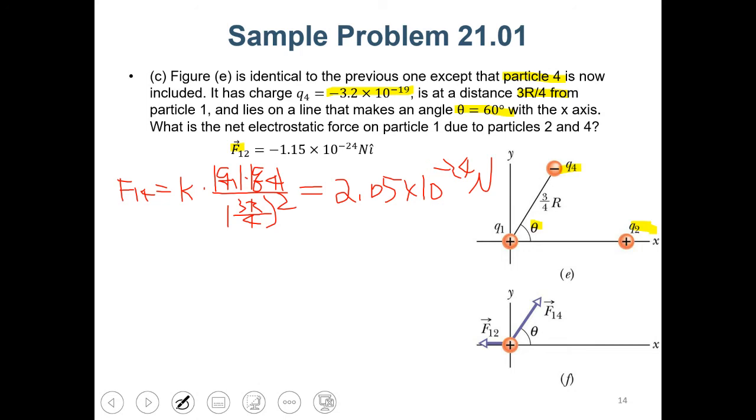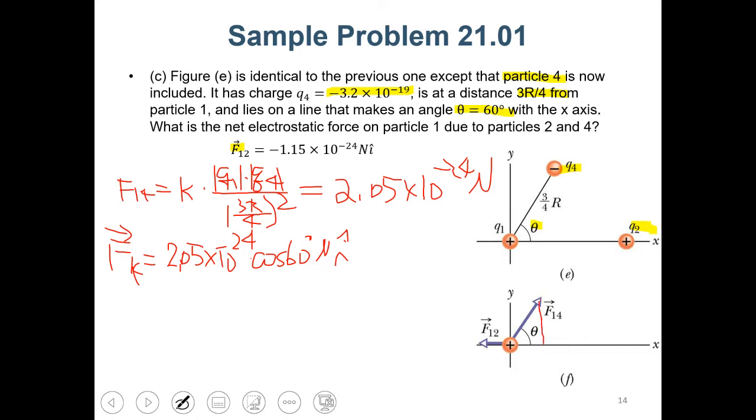But this is different from the previous case. Now F14 should be equal to 2.05 times 10 to the minus 24 Newton times cosine 60 degrees i hat, because this is F14.